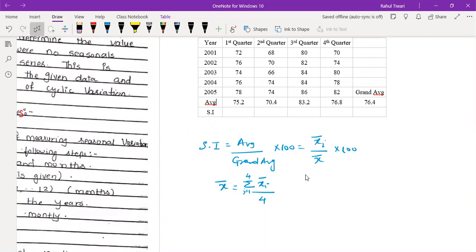Just calculate and let me know. So 98.4. 98.43, yes.